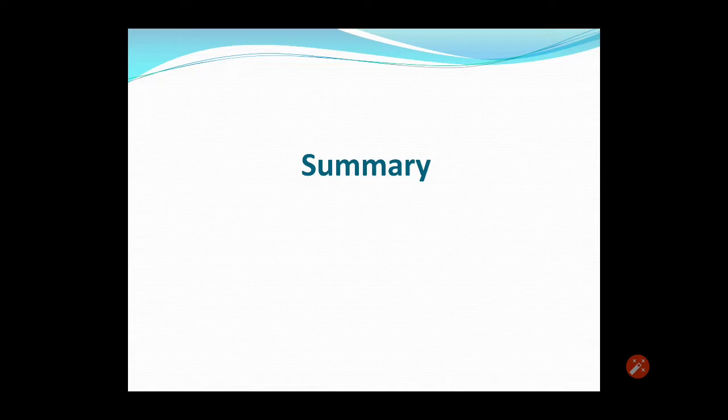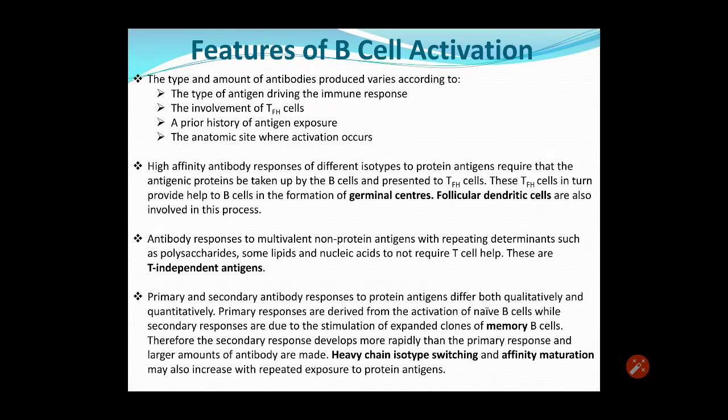So in summary, the type and the amount of antibody, first and foremost, depends on the type of antigen. So whether the dendritic cell picked up a helminthic worm or whether it picked up a bacterial cell determines whether you get a Th1 or a Th2 type response happening.